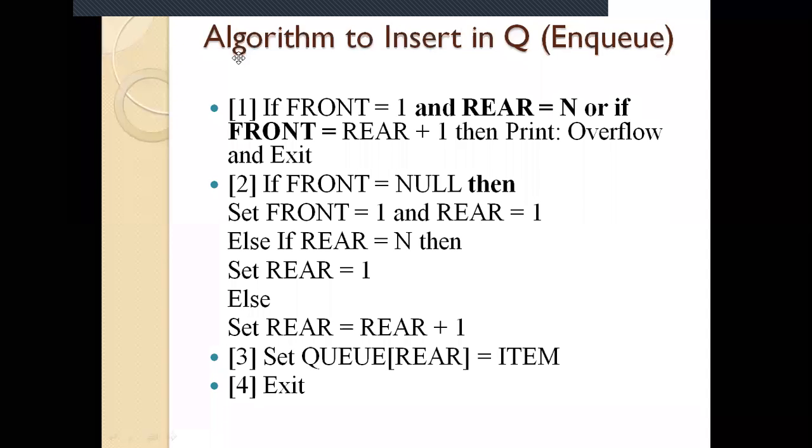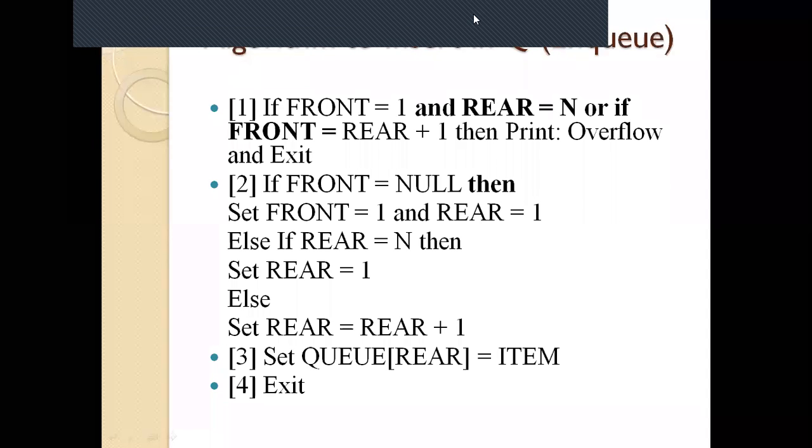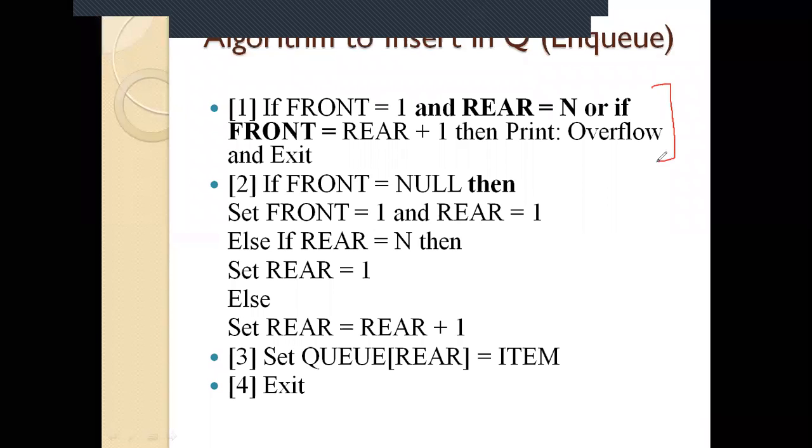So first thing, whenever you are inserting in a queue, you need to check for the overflow condition. Overflow means you need to check, is there any space or not? Because if there is no space, you can't insert into a queue. So what was the condition to check for overflow? Just now I told you that if front is 1 and rear is n. Okay, let me draw this array.